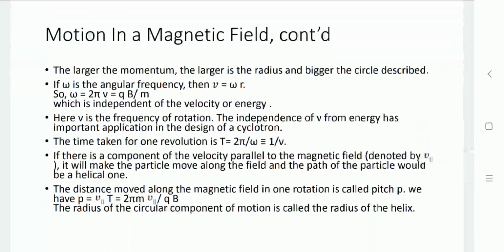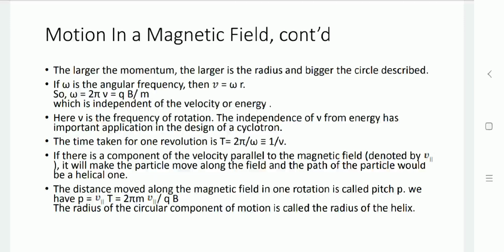And as I told you, 2 pi nu, where nu is the frequency of rotation. Independence of the frequency from the energy has an important application which we will study further in the next topic, the cyclotron.